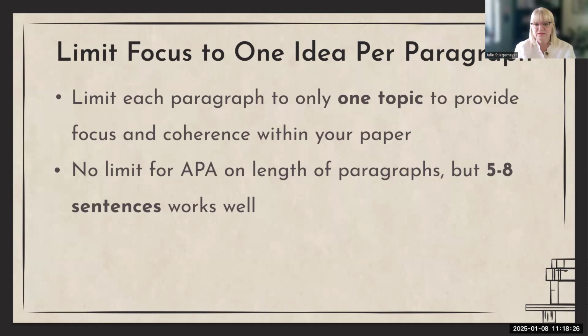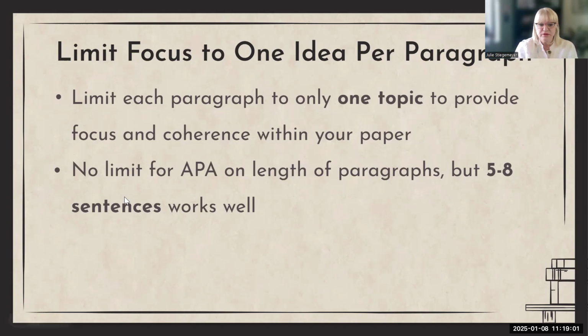If you're finding, this is again back to maybe if a student's struggling with length, like they need more to say, well, it's possible they packed so much into one paragraph that then their paper's finished. So if you limit the focus to one idea per paragraph and you really take your time in explaining it within the context, you'll find that not only will your writing be clearer and more fully developed, but it also helps the reader to follow along.